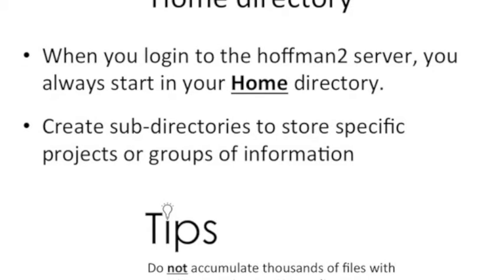The only thing, as usual, I think all of us know this, but not all of us follow, including me: we accumulate thousands of files with cryptic names, and we don't give meaningful names to directories, having a hard time later figuring out what the directory stands for. So we all do that.